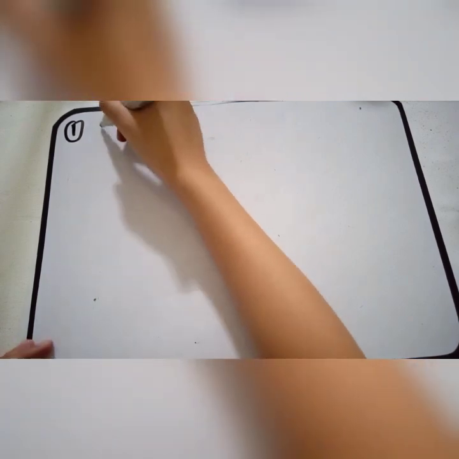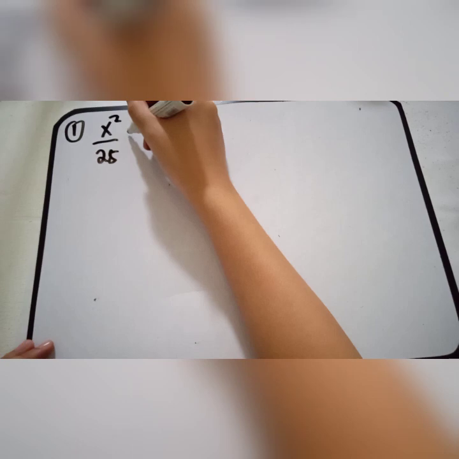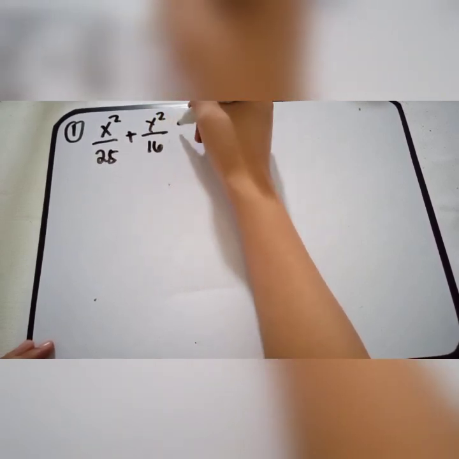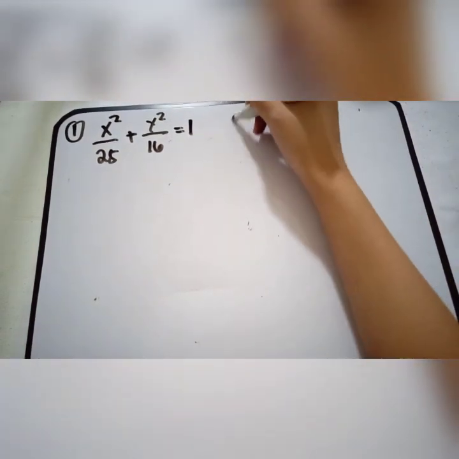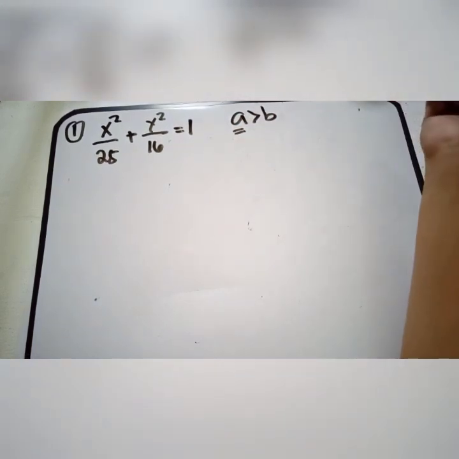Okay, let's have example number 1: x squared over 25 plus y squared over 16 is equal to 1. Always remember that a is greater than b, and a tells us which major axis we will use.